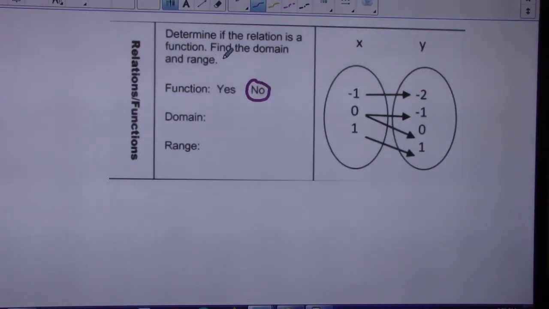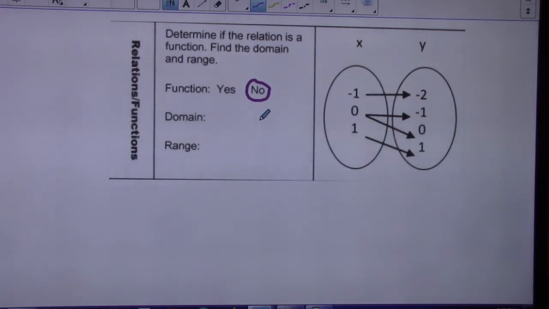Okay, how do you find the domain of this? When you say domain, you're talking about the x numbers. 0 is part of the domain. 1 is part of the domain. 12 is not part of the domain. 2 is not part of the domain.